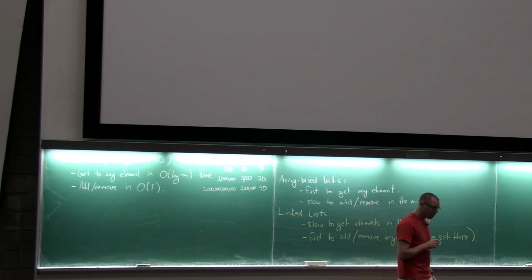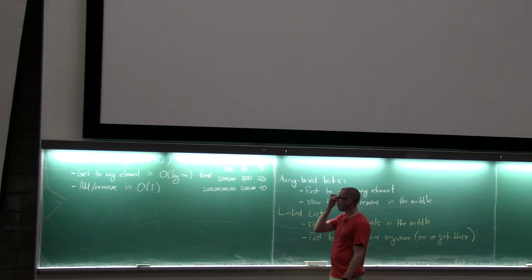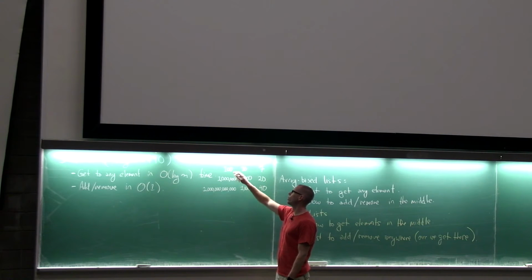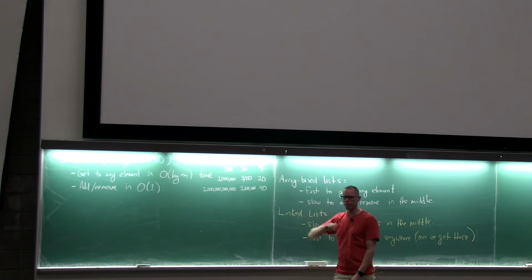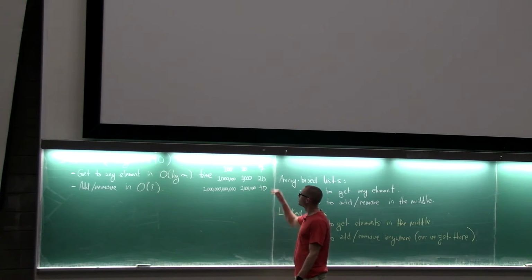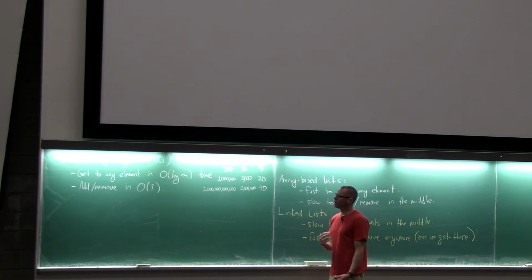So if you're comparing these things, a running time of square root of n is much better than n, but log n is way, way better. This log n running time is the kind of thing we shoot for. Anytime we can't get constant time, log n is usually the next best thing.